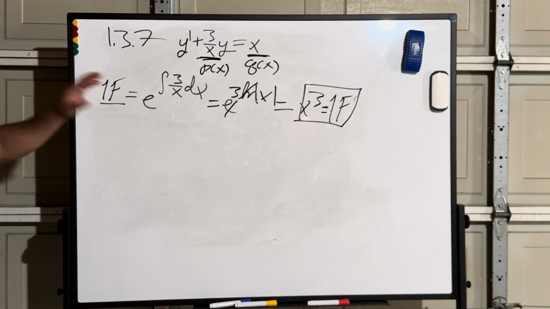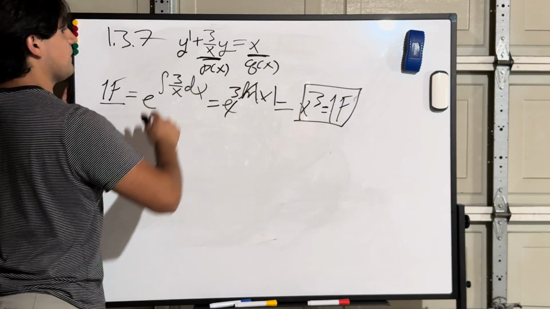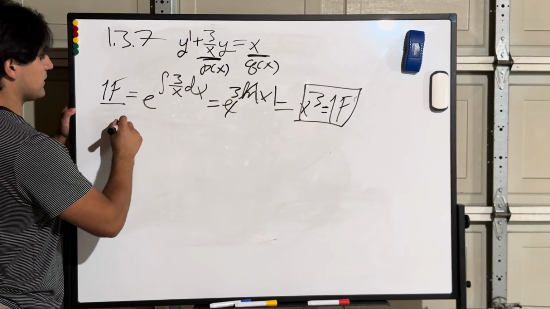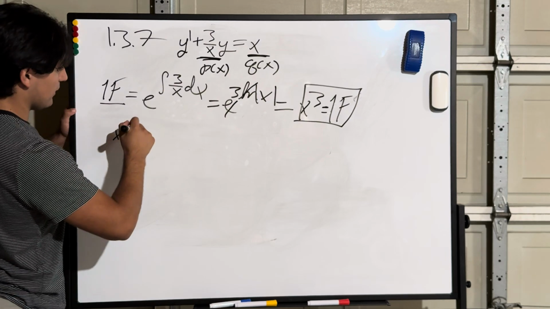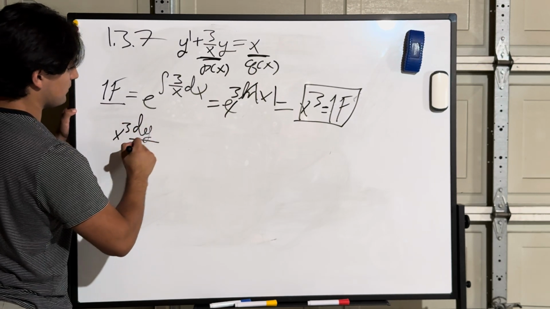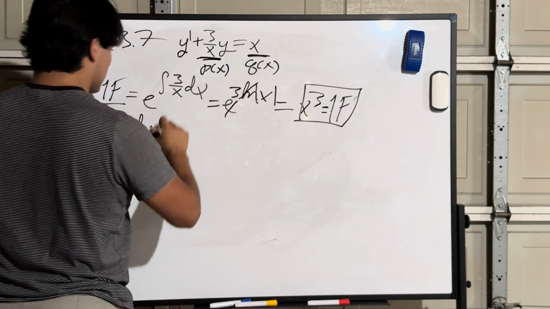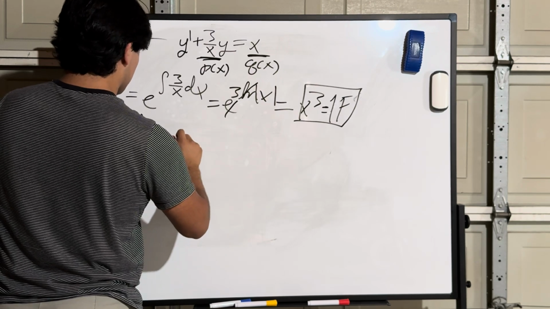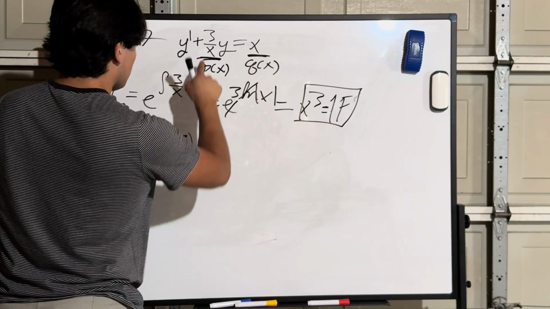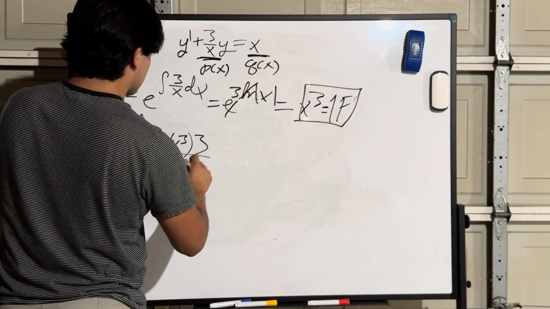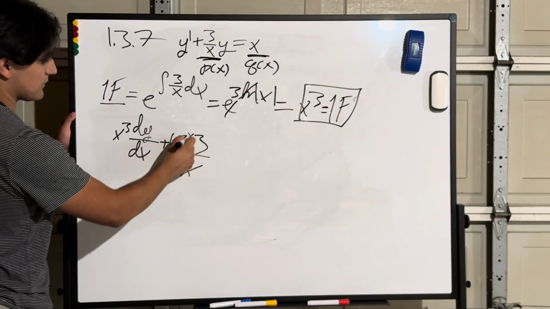Okay, and remember, we're going to multiply these out. So x cubed times dy over dx, plus x cubed times 3 over x, which we know cancel these out.